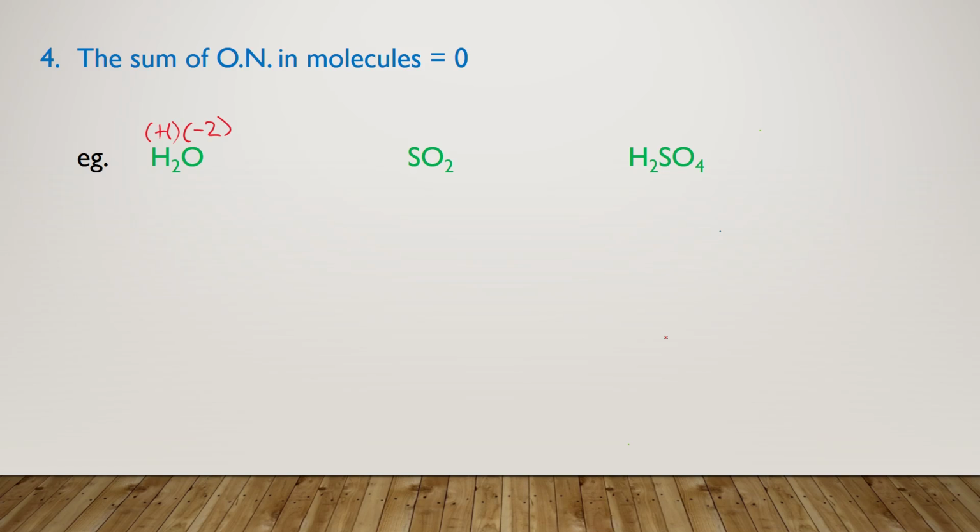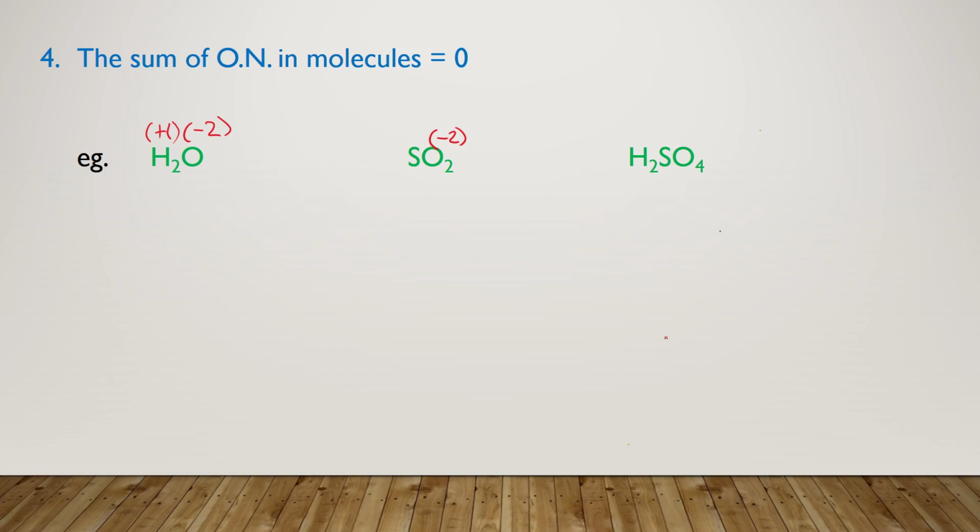But then we've got sulfur dioxide. For sulfur, group 6, we actually don't know for certain what oxidation number it will have inside the molecule. So what we do is we assign the oxygen first as -2. We know that because it's in group 6, so we assign the -2 oxidation number straight away.